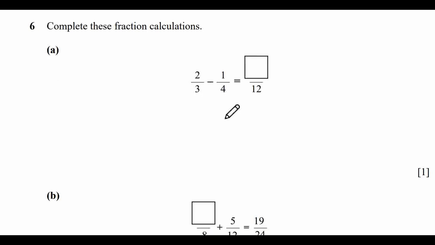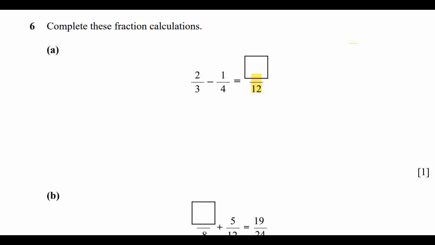Complete this fraction calculation. 2 over 3 minus 1 over 4 equals something over 12. So now the denominator is 12, so we have to convert everything to 12.